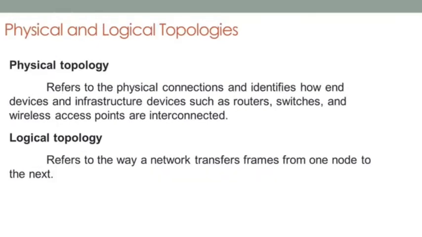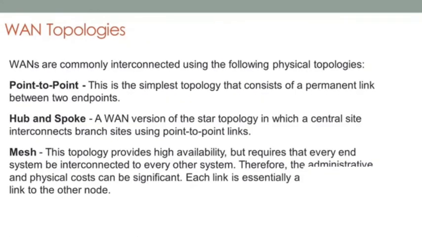Physical and logical topologies: physical topology refers to the physical connection and identifies how infrastructure devices such as routers, switches, and wireless access points are interconnected, while logical topology refers to the way a network transfers frames. One topology is point-to-point, hub and spoke, and mesh topology.